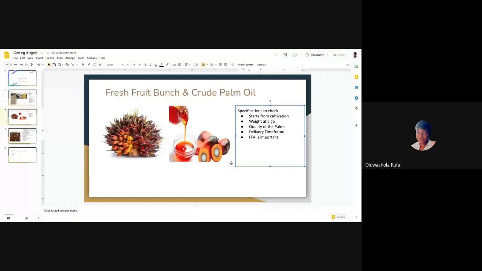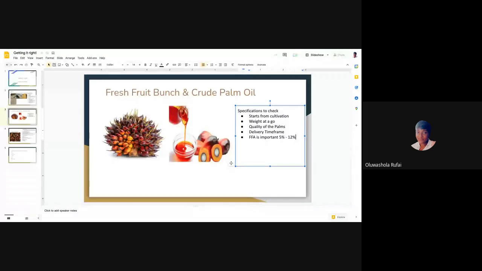And the accepted range for FFA is 5%. There are some CPO that have less than 5%, but it's not very common in Nigeria, I believe. So 5% to 12%. Anything higher is not accepted by buyers on our platform, even though there are some that might accept, but at very reduced prices. So that's for the crude palm oil.